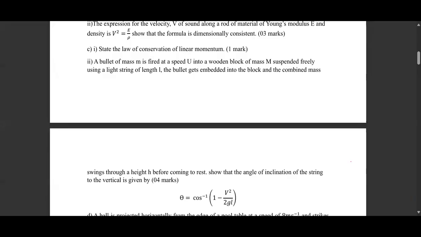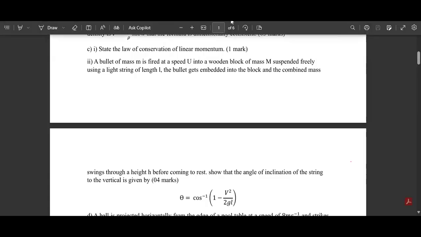They want us to show that the angle of inclination of the string to the vertical is given by theta equals arc cos of 1 minus v squared divided by 2gL, whereby L is the length of the string, and v squared, I think, is the velocity of the bullet and the wooden block after colliding.